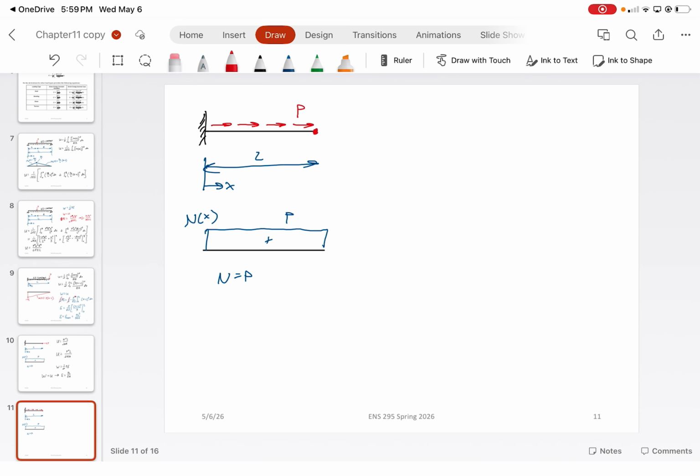So this is P of x, and I want to set this equal to 4, I'll just call it W. All right. Now, who can tell me what the diagram would look like at this point?